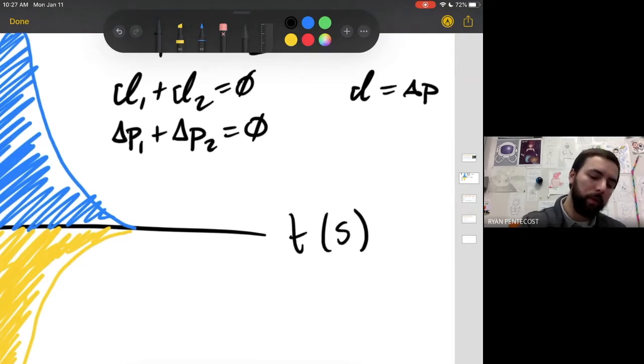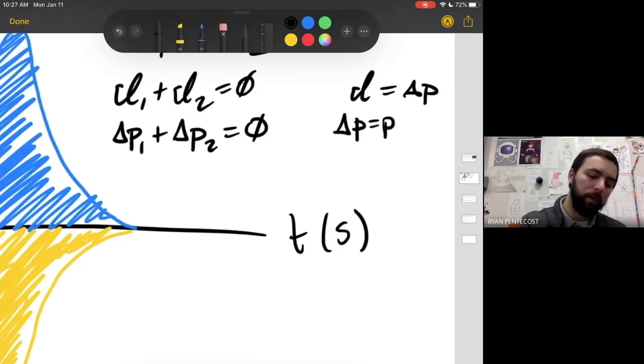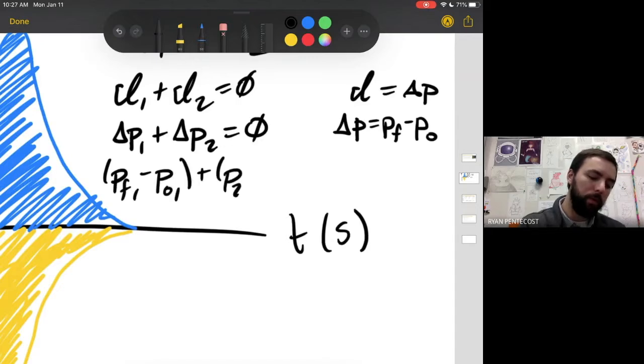Delta P is P final minus P naught. So we'll take the P final of 1 minus P naught of 1 plus P final of 2 minus P naught of 2, and that all equals 0.